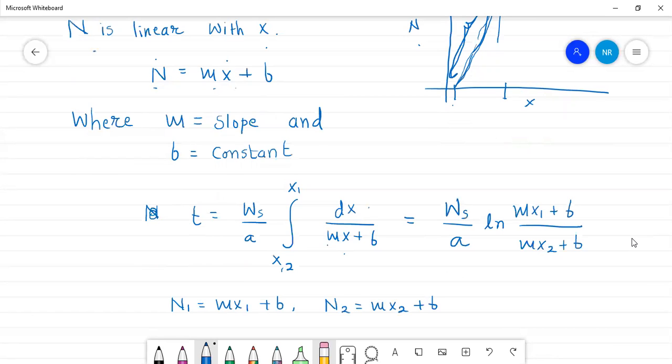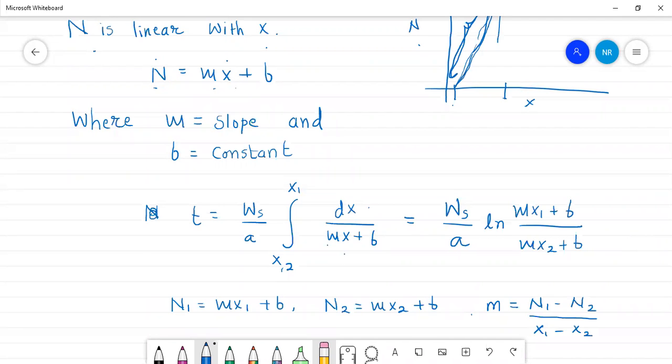The slope m is equal to N1 minus N2 divided by X1 minus X2. So N1 is mX1 plus b, N2 is mX2 plus b, and the slope is N1 minus N2 divided by X1 minus X2.